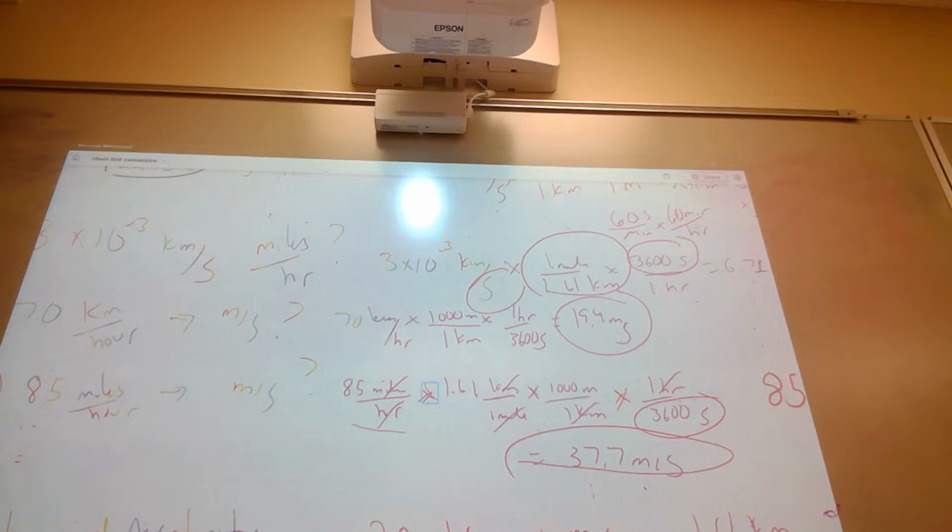There's 1,000 meters in a kilometer. You had to put it in miles, so 1.61. So you start with 85 miles per hour, and then you would go 1 mile. That's right. That part was right. So we can multiply it by the 85.